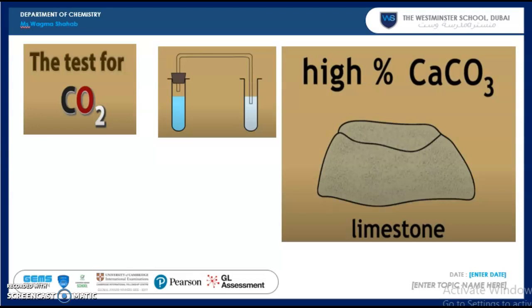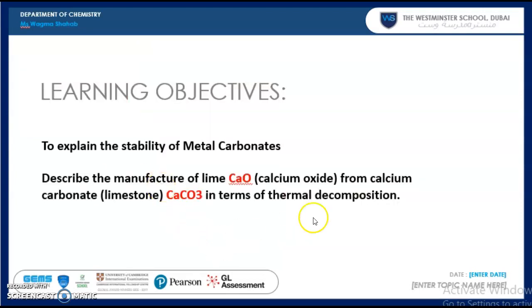Now, for this lesson, our objectives are to explain the stability of metal carbonates and to describe the manufacture of lime from calcium carbonate in terms of thermal decomposition. My dear students, why do we need to find out the stability of metal carbonates?